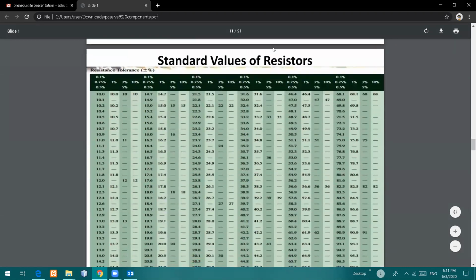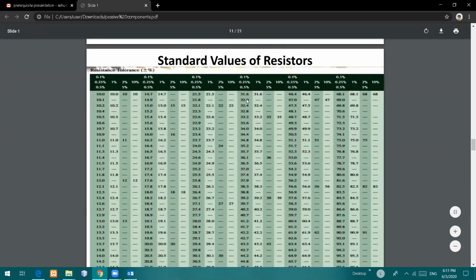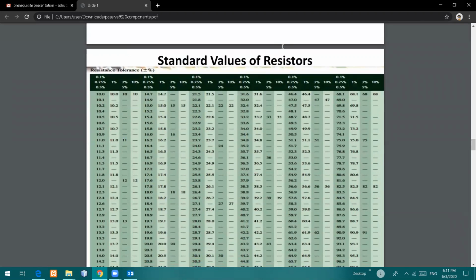Now here we are seeing the standard values of the resistor. Standard values of the resistor means what values of the resistor are available in the market.